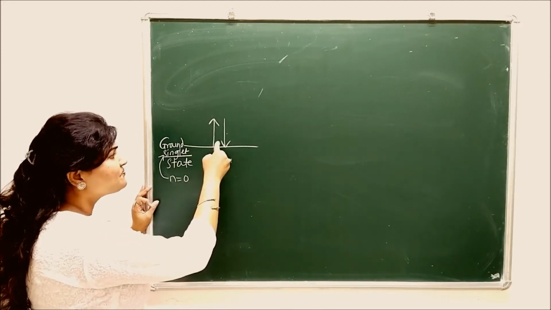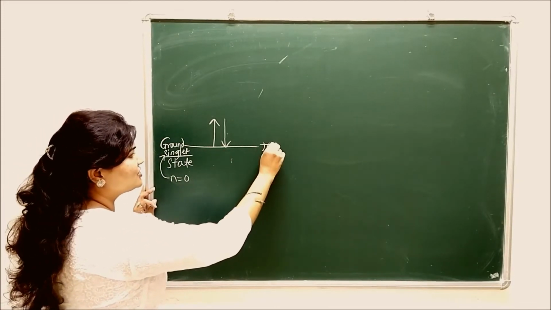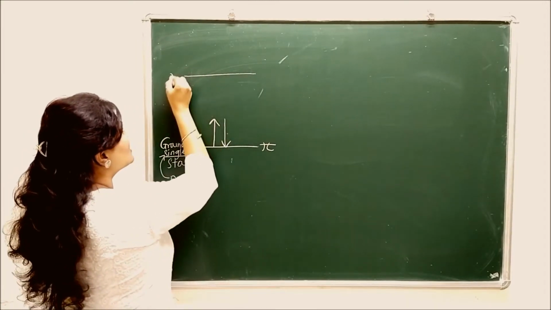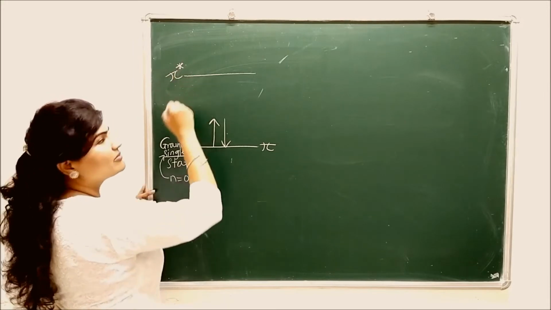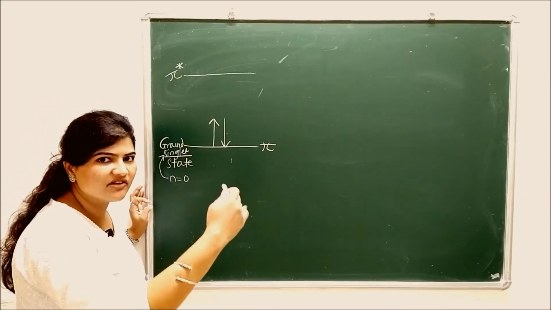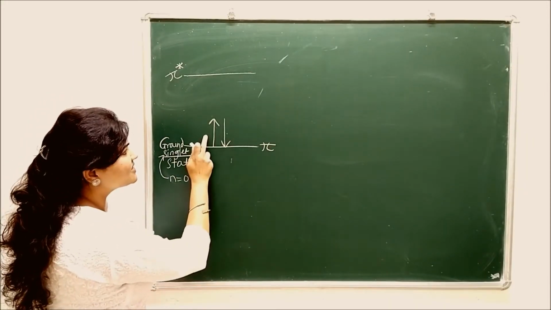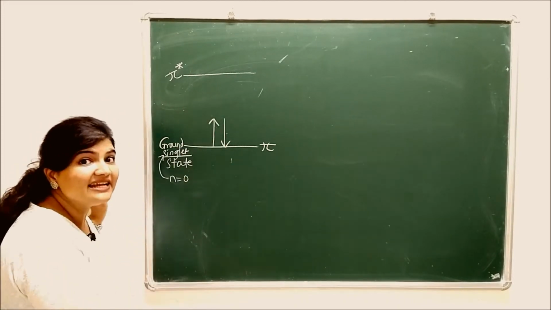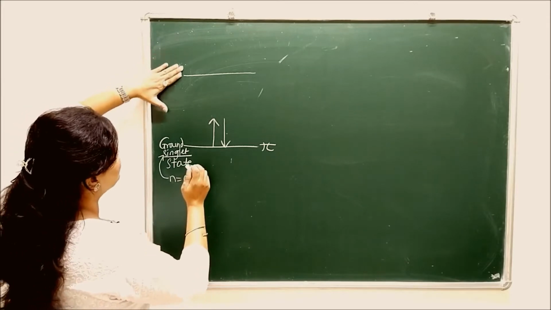Now in this state, suppose these are the pi electrons. These are in the ground state. You know there will be 1 pi anti-bonding orbital which is at the higher energy level. So if one of the electrons from ground state goes to higher energy level, that will go to excited singlet state. So I will write it like this.